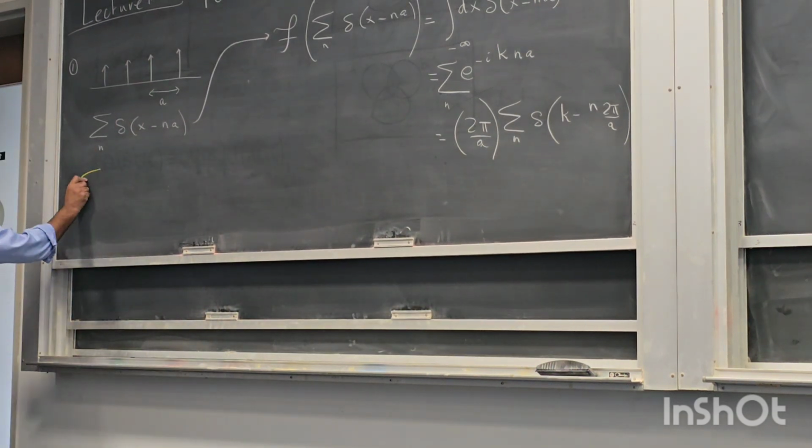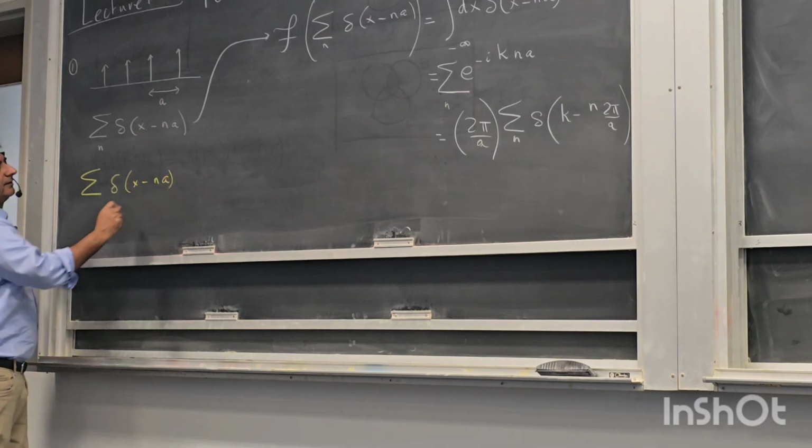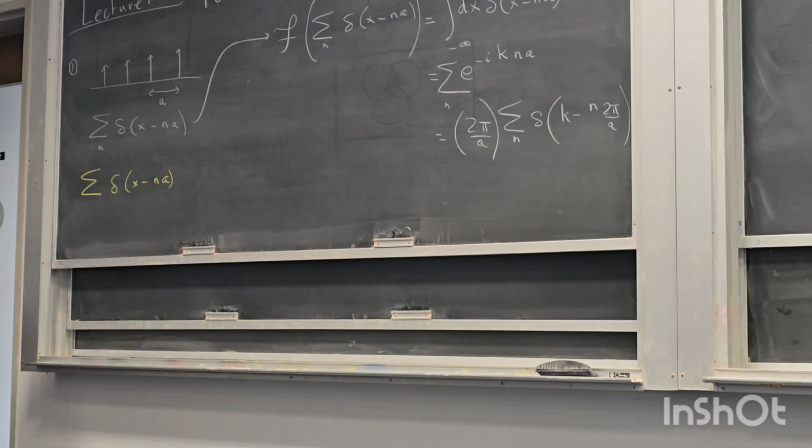So if I take any function delta x minus n a, is this periodic? It is periodic, so it can be written as a Fourier sum.